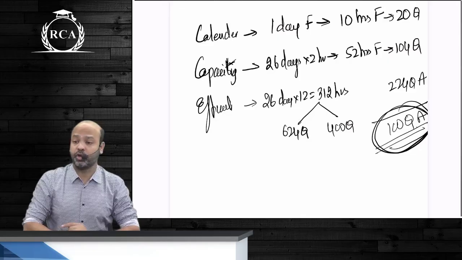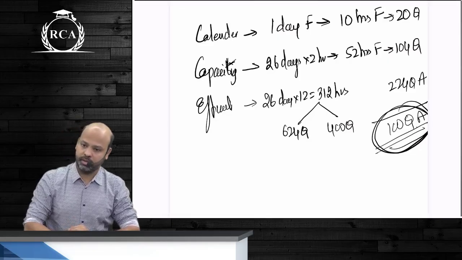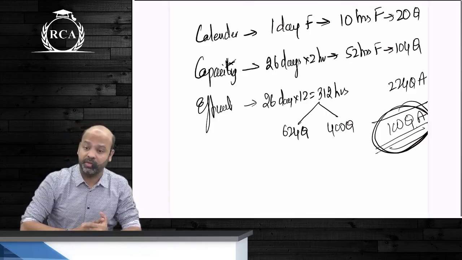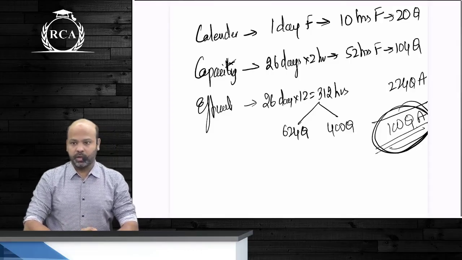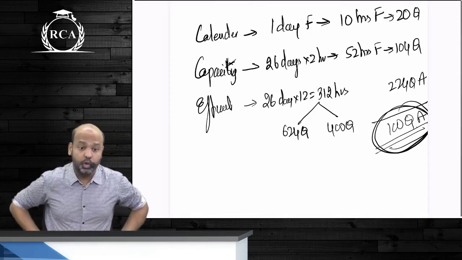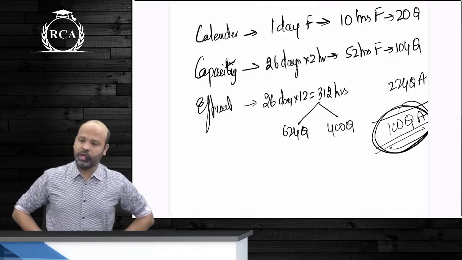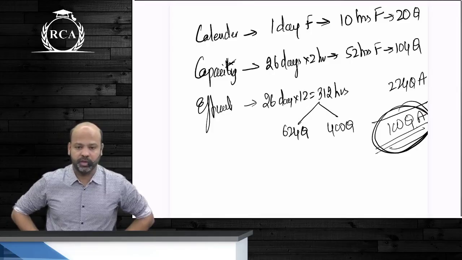That's a change in volume. Are we getting it? Change in number of working days, change in capacity, and finally efficiency. Change in calendar, change in capacity will not consider actual output anywhere into consideration. Actual output comes into consideration only and only for efficiency variance.